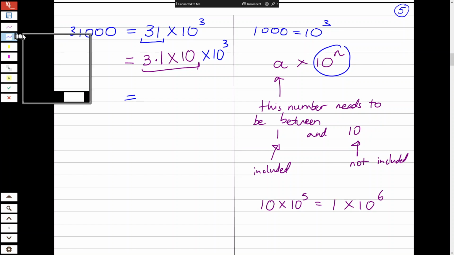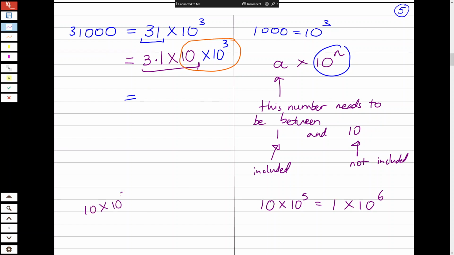I'm gonna circle the part that's gonna be useful to you. If you apply the index laws to that, can you simplify that? 10 times 10 to the 3. Yes. So 10 times 10 to the 3 is the same as 10 to the 1 times 10 to the 3. Add using the index laws, 10 to the 4.